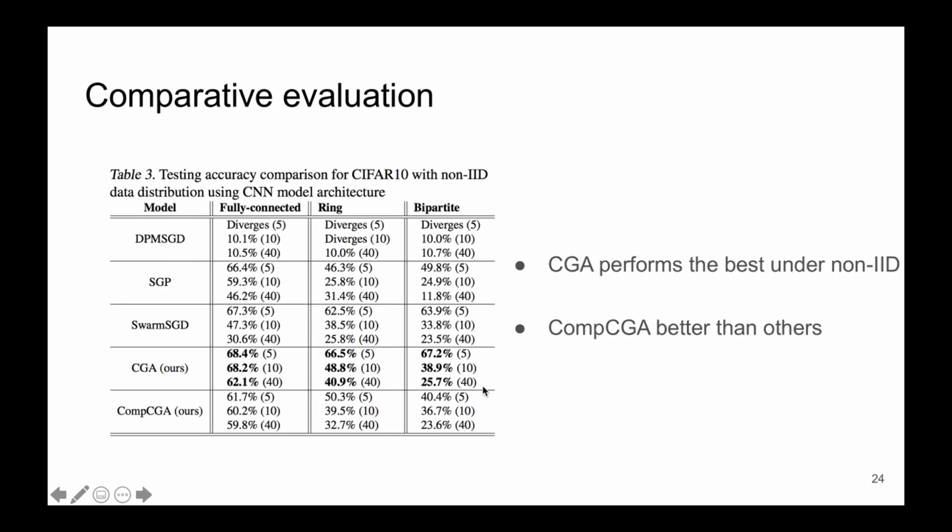And their compressed version is slightly lower than CGA, but higher than other algorithms. So this shows that using quadratic programming is better for non-IID data distribution.